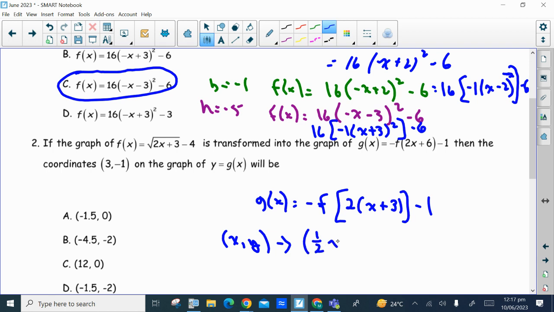The x values will get multiplied by a half. You've got an h value of -3. So that means it's going to go 3 to the left, or you're going to subtract 3 from the x values. The y values we multiply by -1 because a is -1, and then decrease by 1 because you have the -1 at the end. So there's the mapping notation for that.